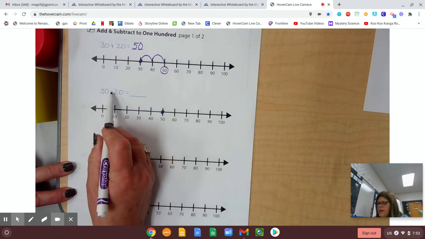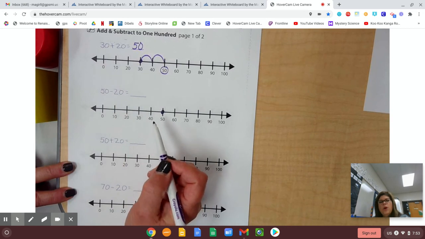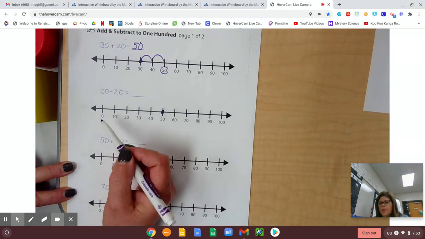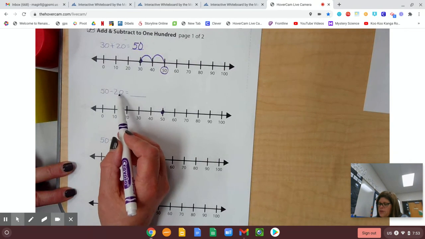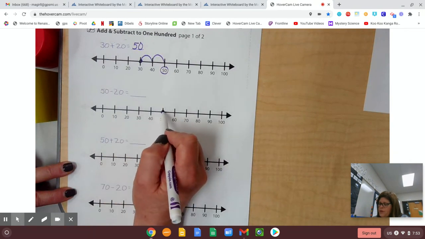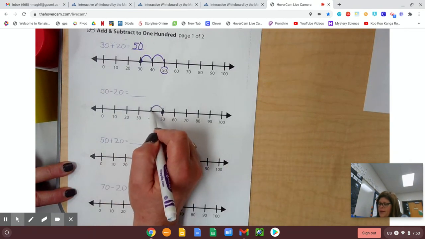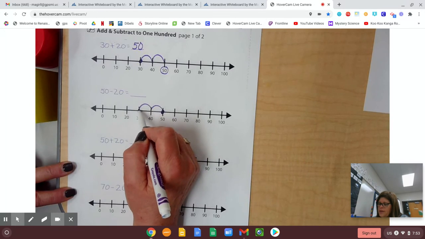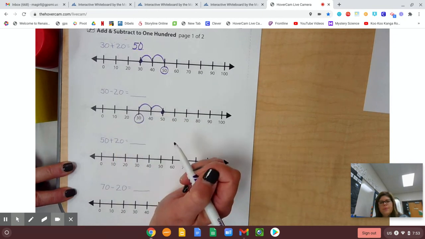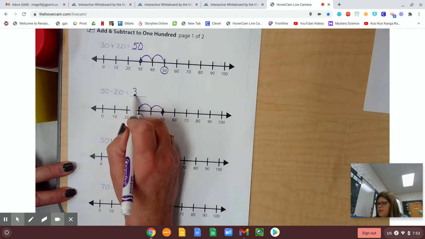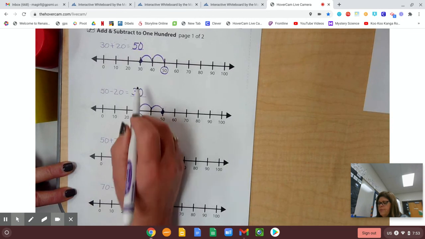And when we do the takeaway or subtract, we have to go to a smaller number. So we're going to hop backwards, and we're hopping backwards 20. So the first jump is 10, and another 10 is 20. 2 hops of 10 is 20, and this is where we landed. So our answer is 30.